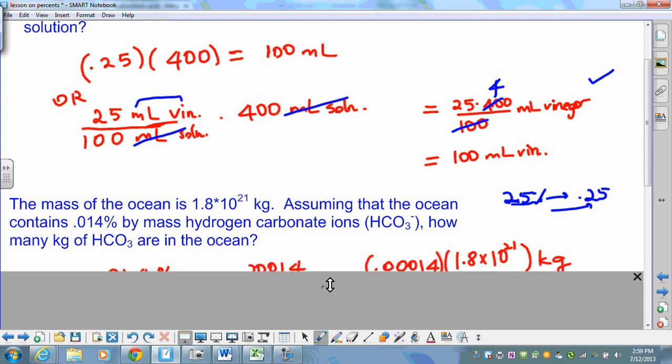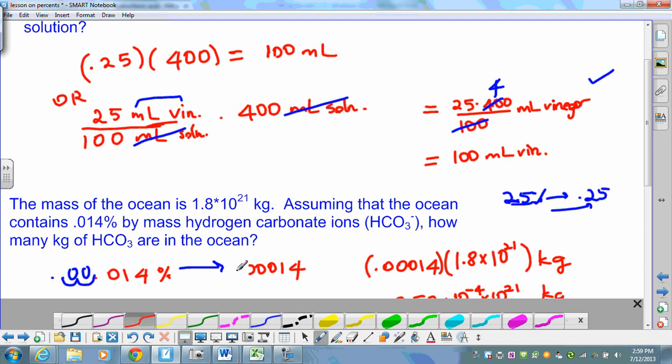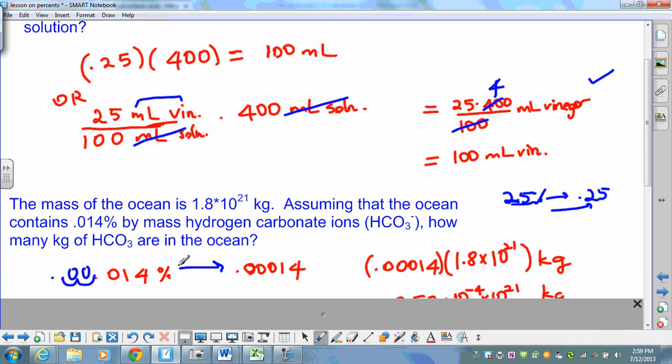Moving the decimal to the left by 2 units. So if you have 0.014%, move your decimal 2 units to the left. So then you're going to have 0.00014.